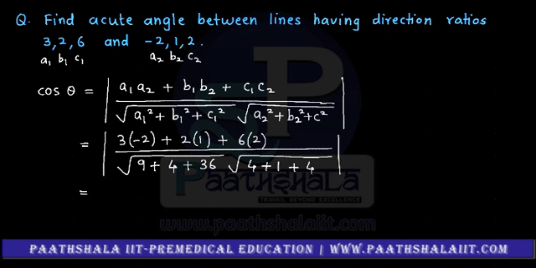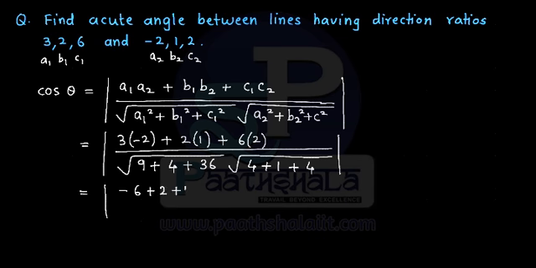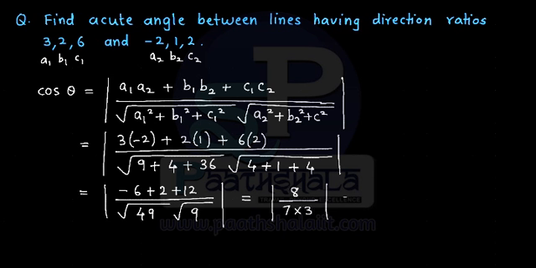So that equals -6 plus 2 plus 12 divided by root of 49 into root of 9. So that is further equal to 8 divided by 7 into 3, which turns out to be 8 upon 21.